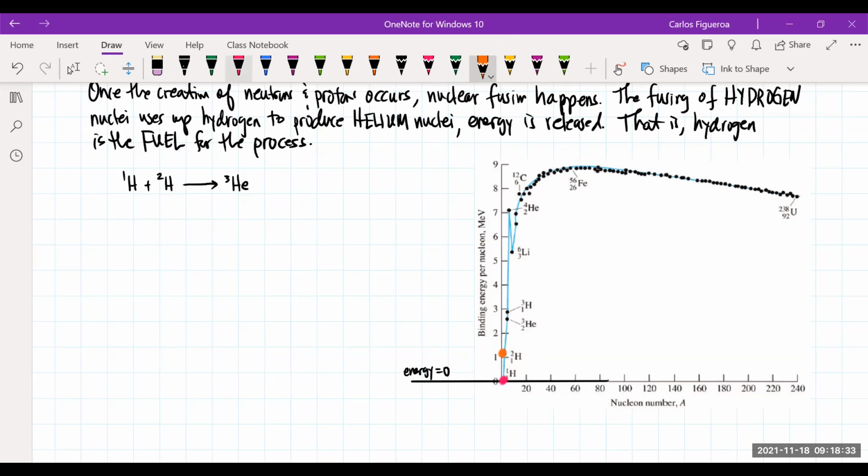Looking at these heights, you can immediately see that the height of hydrogen 1 is 0, then the height of hydrogen 2 is this, and then the height of helium 3 is right here. Oops, I did it wrong.